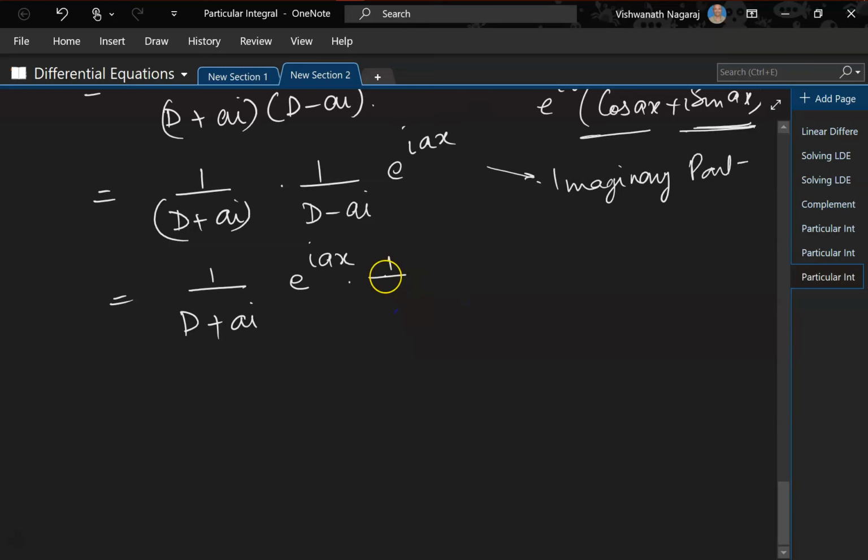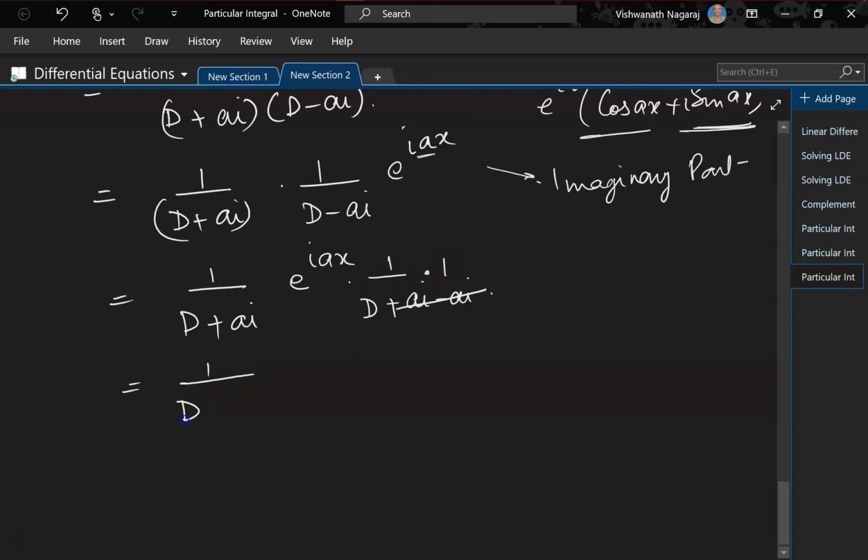Yes, this is going to be 1 by (D plus m minus ai). ai is nothing but m, right? So the ai part would disappear, right? So D plus m, here m is ai, minus ai, so this would disappear, and since nothing is there, let's take it as 1.